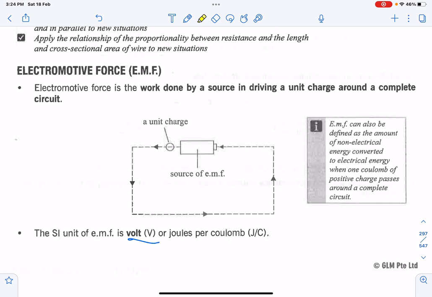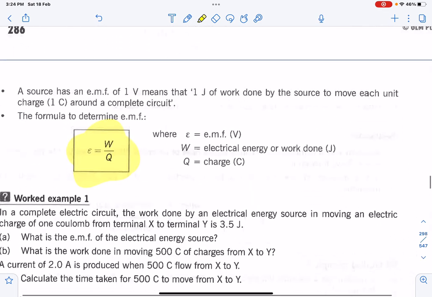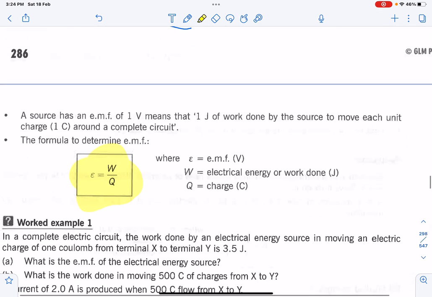So the SI unit for EMF is voltage, or joules per coulomb, which is energy over charge. So a source of an EMF would represent that 1 joule of work is done by the source to move 1 charge around a complete circuit. And that's why your EMF equals work done over charge. The work done driven by the electrical energy.